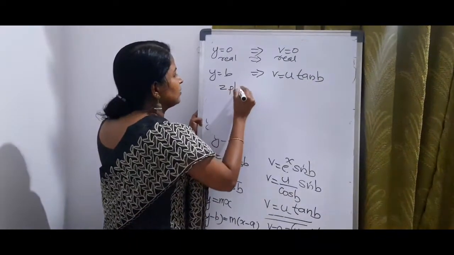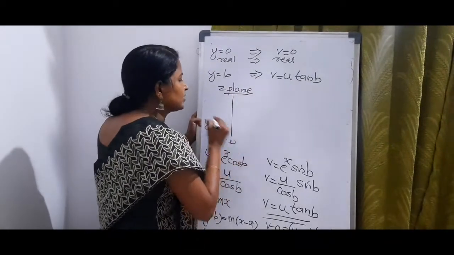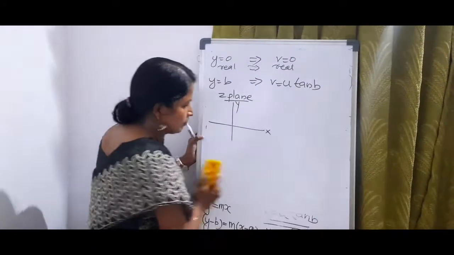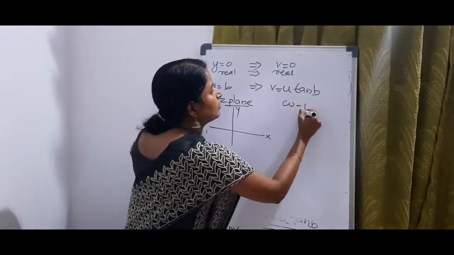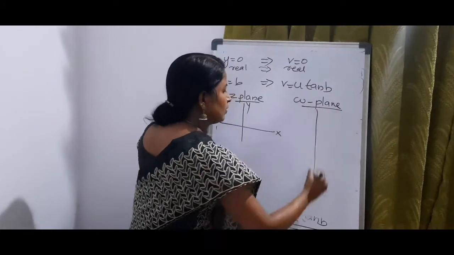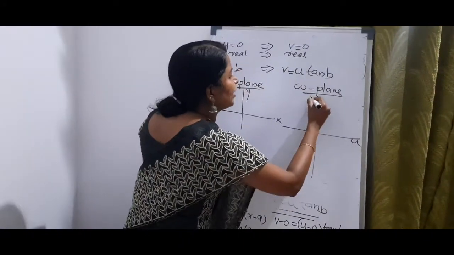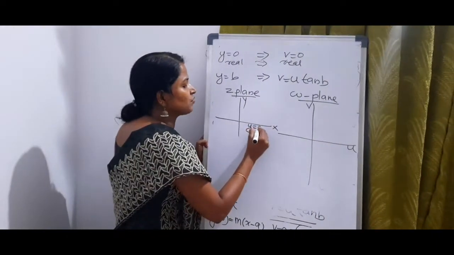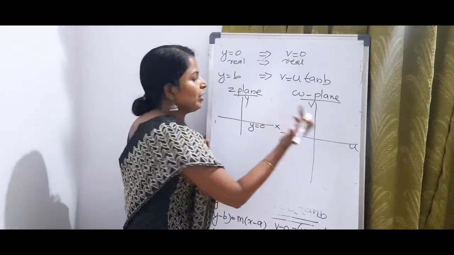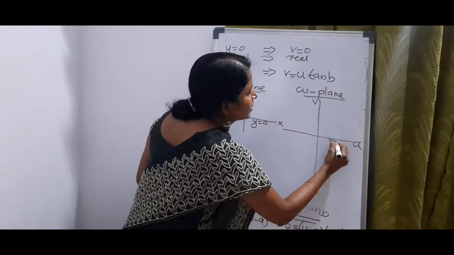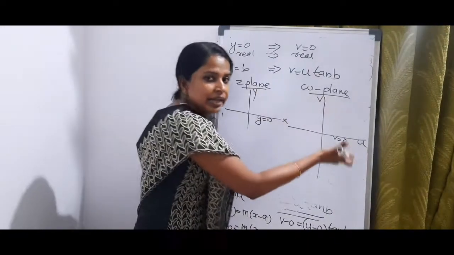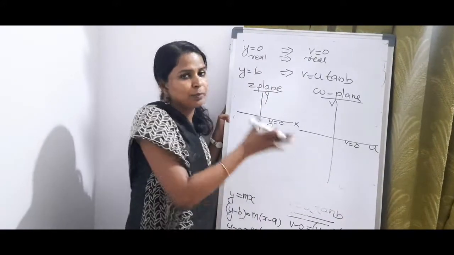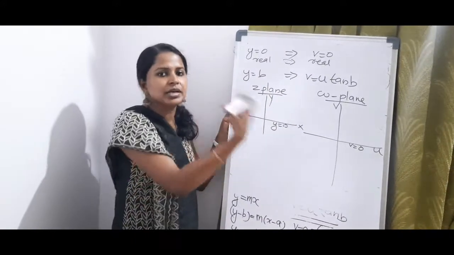Here we draw the z plane with the x axis and y axis, and the w plane with the u axis and v axis. First, y equal to 0 is the x axis. It is mapped to v equal to 0, which means the u axis. That is, the real axis in the z plane is mapped to the real axis in the w plane. No change.